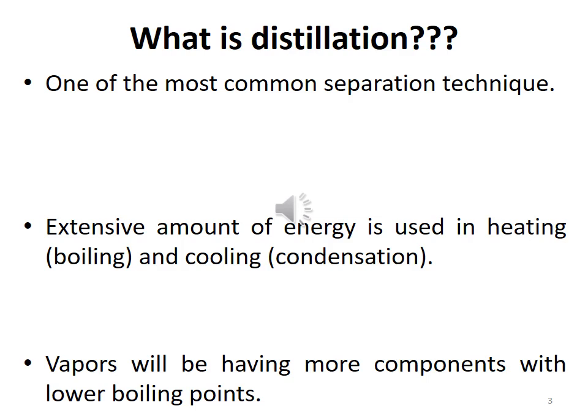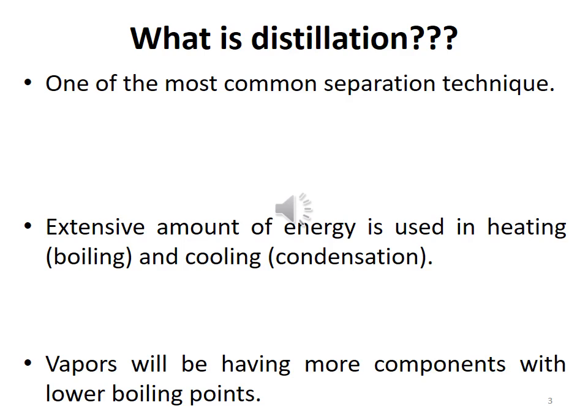So this distillation is a separation technique that can be used to either increase the concentration of a specific component in the mixture or to obtain pure component from the mixture.